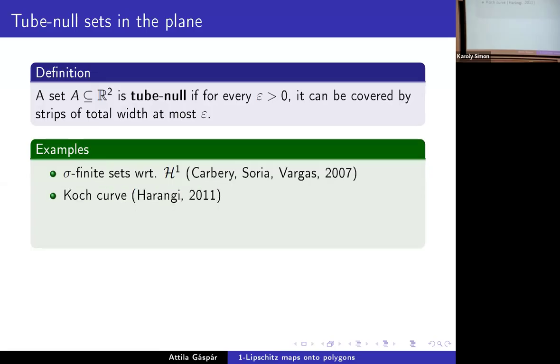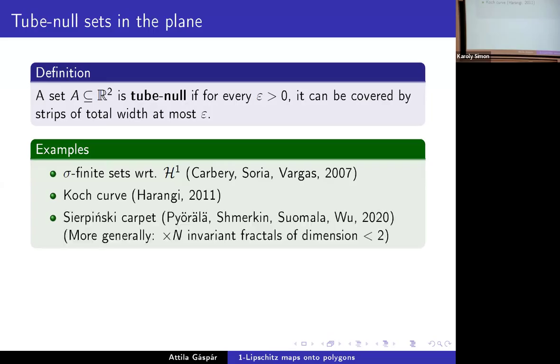Also, it was shown by Horongi that the Koch curve is also tubular. And finally, Pyörälä, Schmerkel, Suomala, and Liu show that the Sierpinski carpet is also tubular. Or more generally, they show that times n invariant fractals, which means that they are invariant under the map of scaling by n modulo 1, are also tubular.